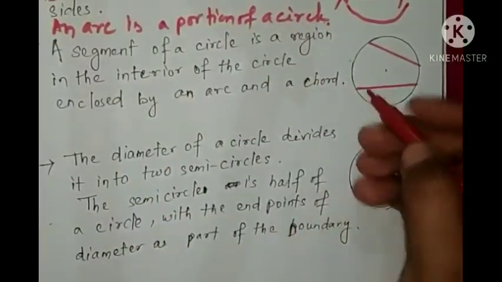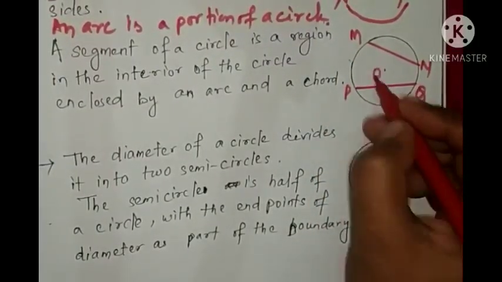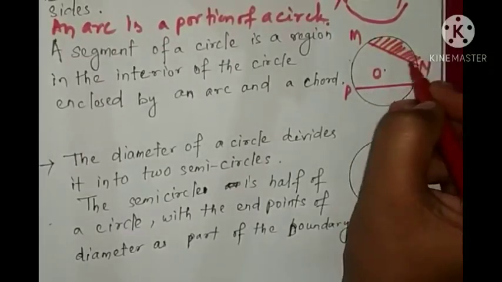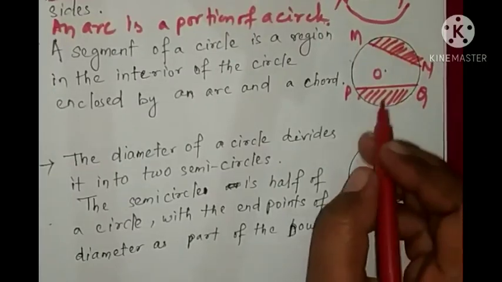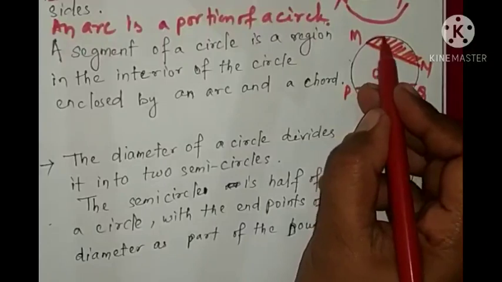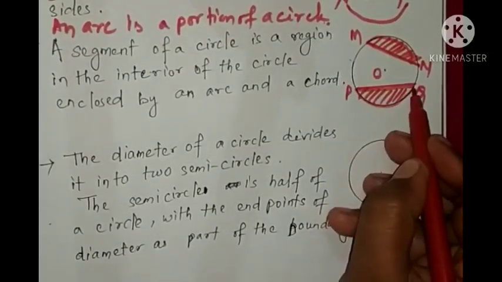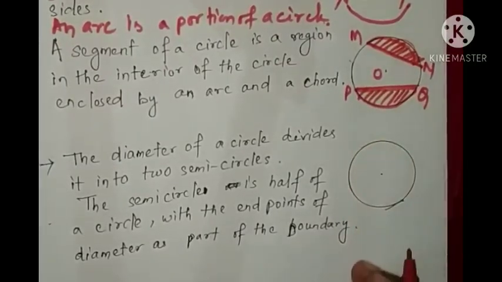Let these be M, N, P, Q, and O the center of the circle. So this is a segment, and this is also a segment. Here one chord is there and 1 arc. Here also one chord and 1 arc.